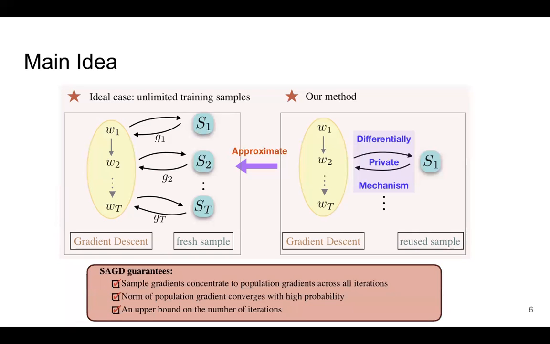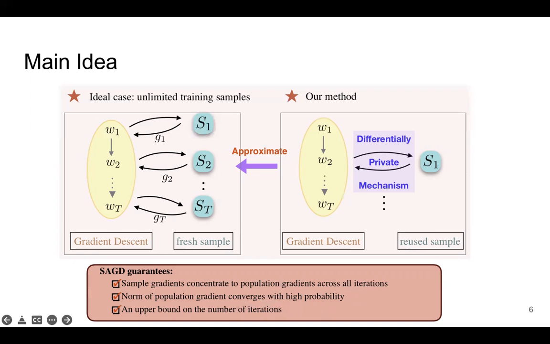They prove that the reused data samples in SAGD nearly keep the statistical nature of fresh samples, so the sample gradient will concentrate to the population gradient across all iterations, and the norm of the population gradient will converge with high probability. They also give an upper bound for the number of iterations.